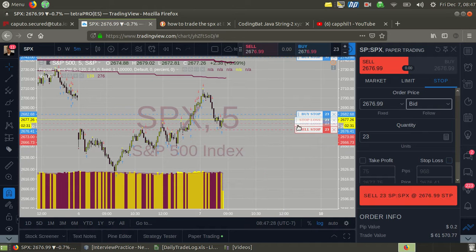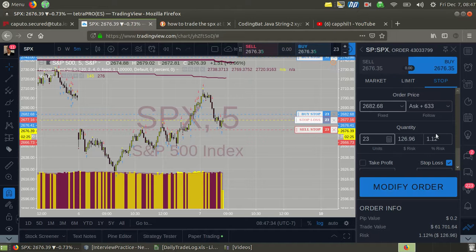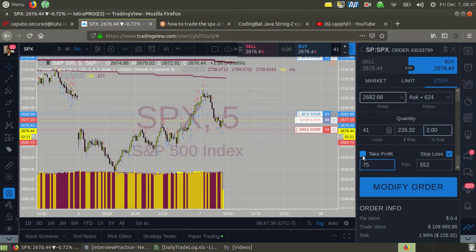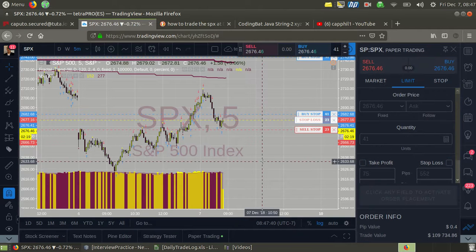So I'm going to move that sell stop up here like this. We want to keep the trade to 2% of our account.